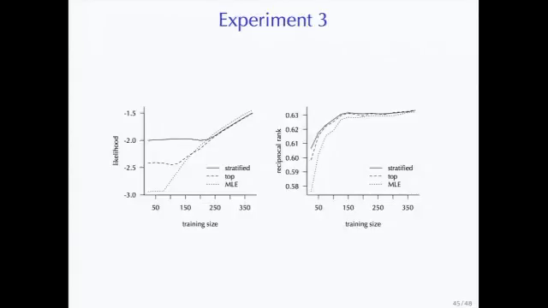And of course everything gets better with more examples, and everything converges to the same thing. The more important thing to ask is, at what point do they all converge? Because the point where they all converge is the point where you can throw away the model and just start estimating things using the MLE. The MLE, remember, is just counting the number of transitions.